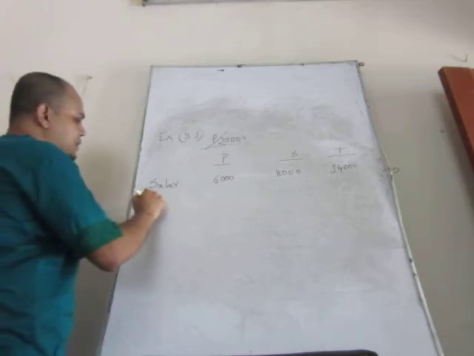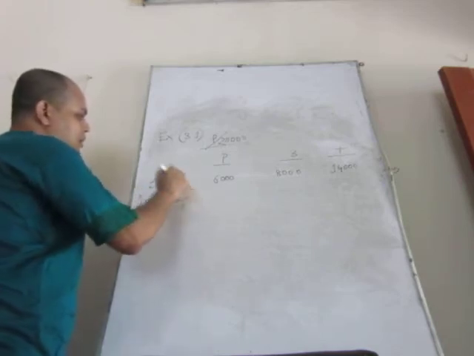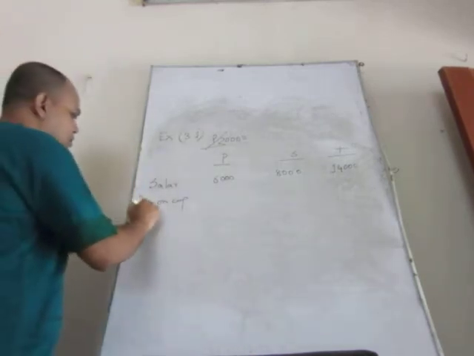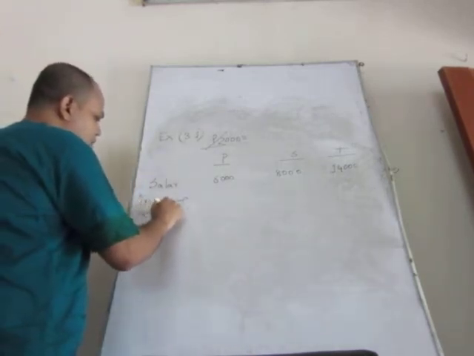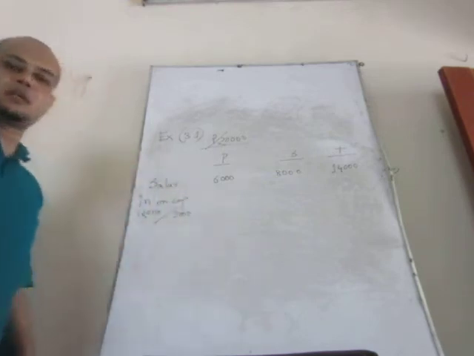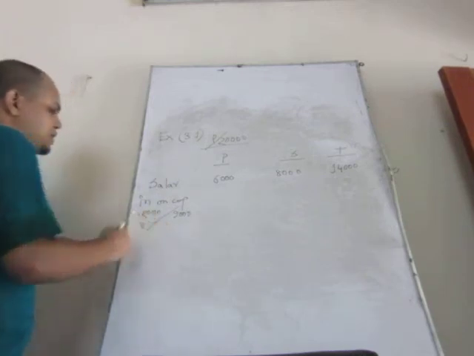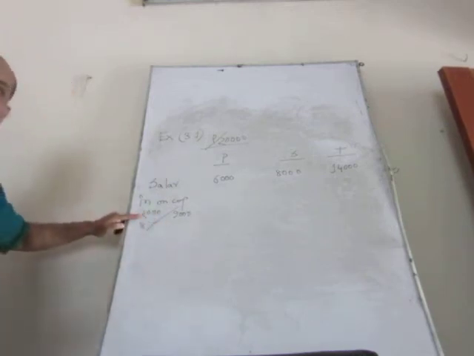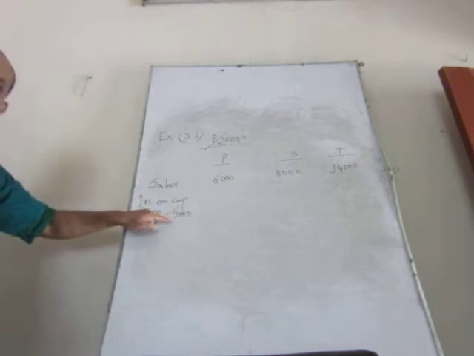Then interest on capital. Pike's fixed capital is 12,000 and Scar's fixed capital is 9,000. So how much interest is provided? That is 8%. 8% interest on 12,000 and 8% interest on 9,000 will be provided.